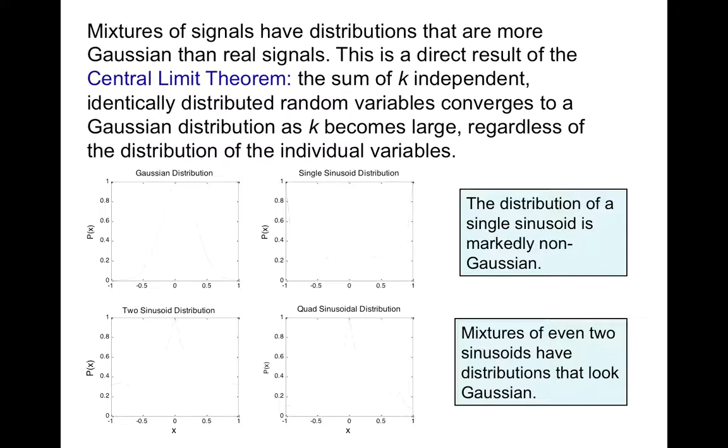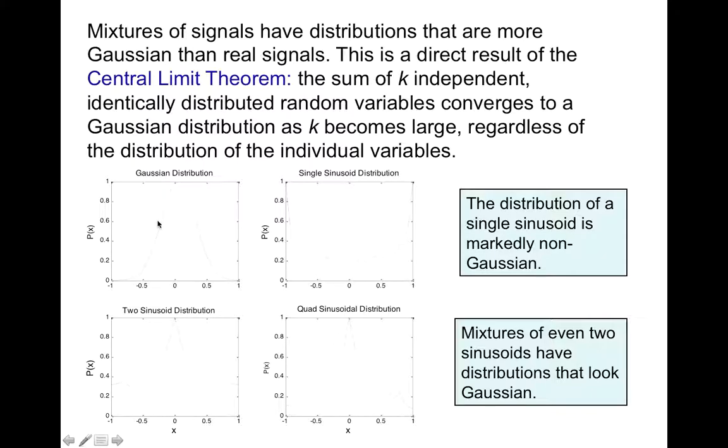Mixtures of signals will have distributions that tend to be more Gaussian than the real signal. This is because of the central limit theorem: as we take a sum of k independent distributed random variables, it converges to a Gaussian distribution as k becomes large, regardless of the distribution of the independent variables.